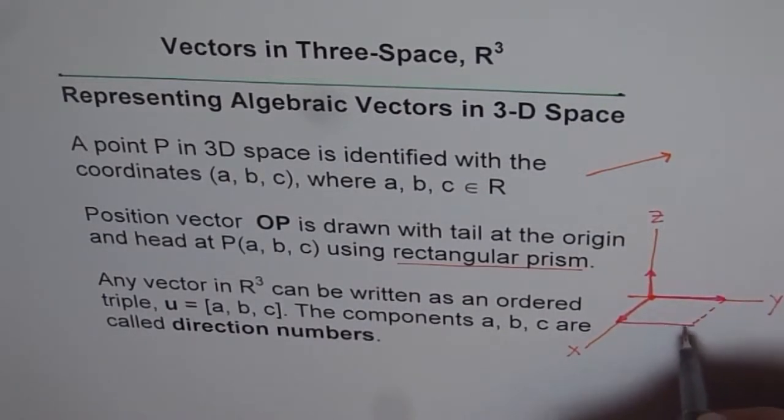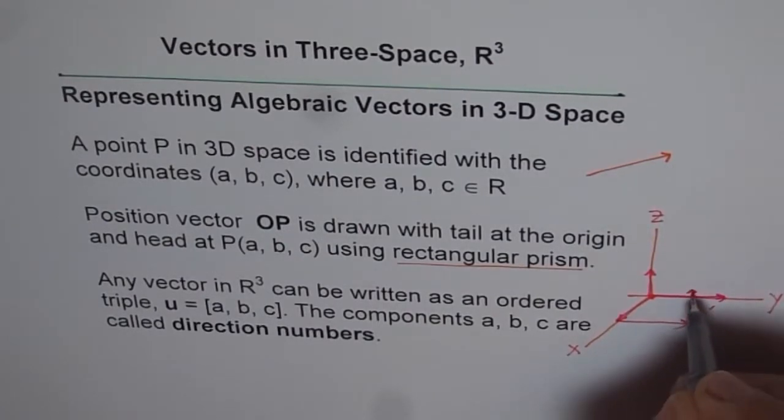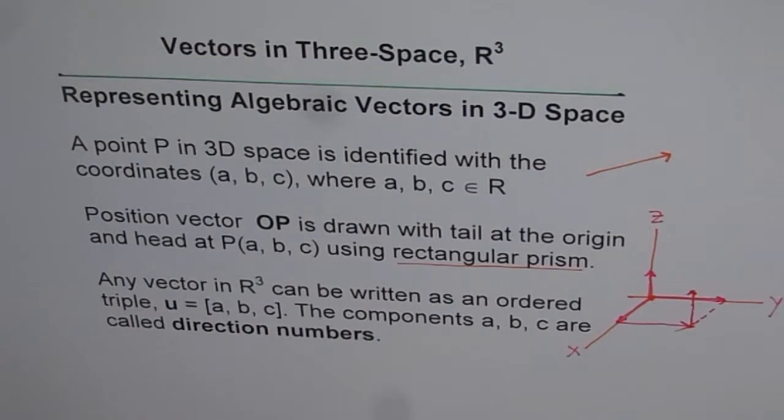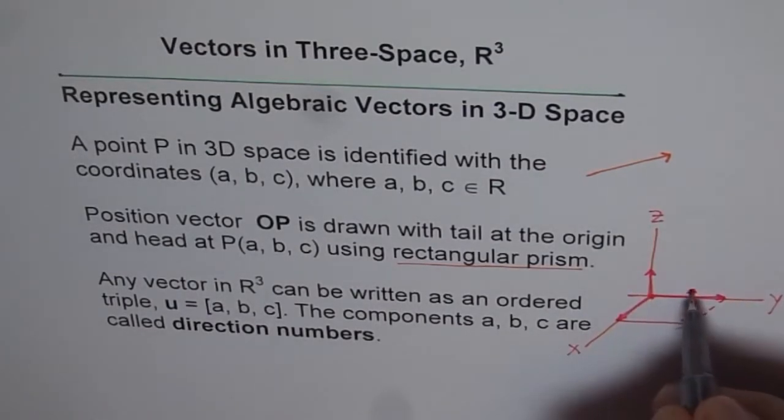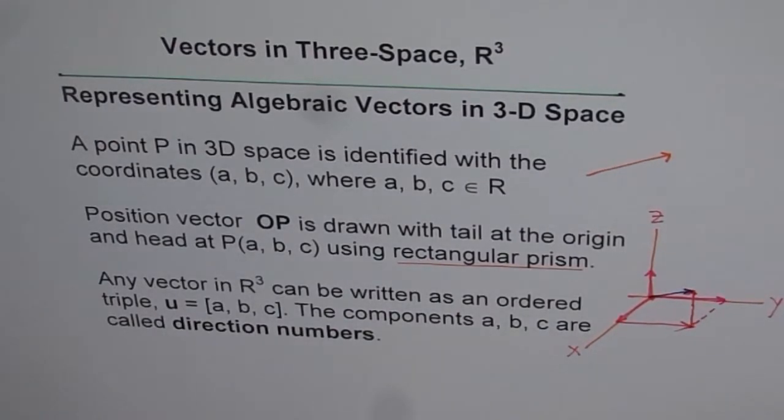And then from B, we move C units up parallel to z-axis. So that is, let us say this. And so we reach this place. So the vector which is from origin to this point is vector OP. Do you understand? This is the vector OP.